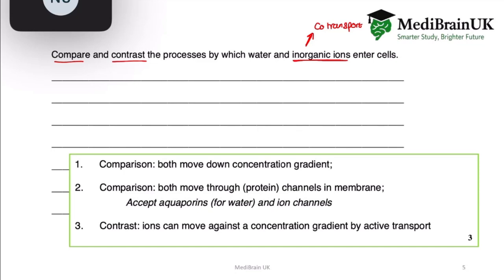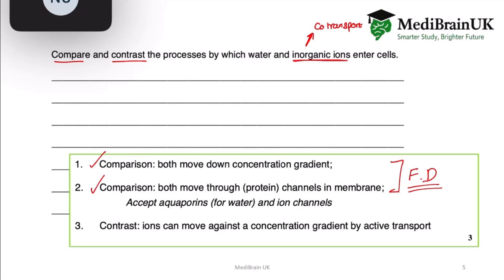The facilitated diffusion part that you're saying is absolutely correct. That's what the first two marks are for. They are both moving down the concentration gradient, and they can both move through channel proteins within the membrane. This is your facilitated diffusion marks, and that's how you would normally see inorganic ions moving.